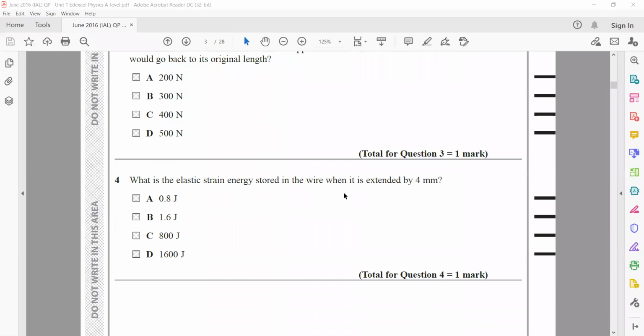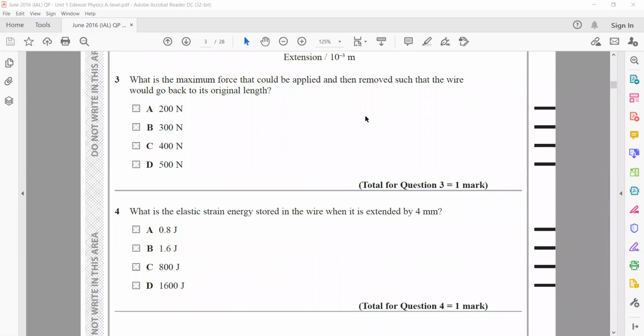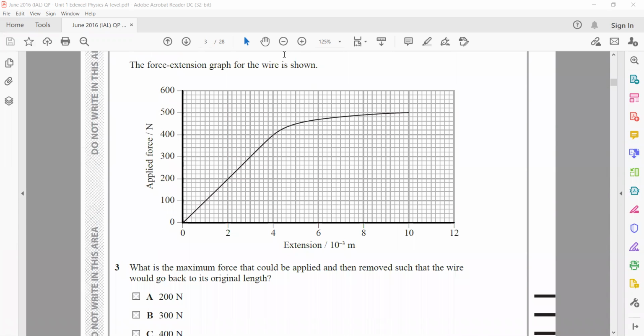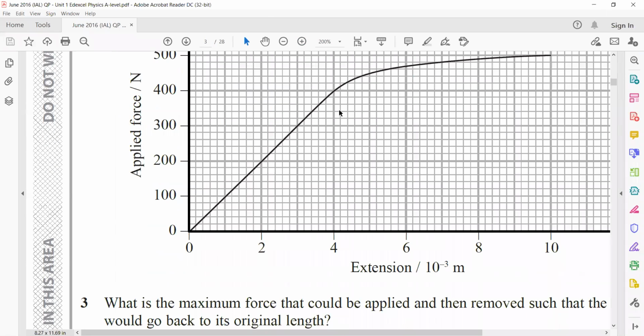Then what is the elastic strain energy stored when it is extended by 4 millimeter? Energy stored is equal to the area under the graph. In this case, it is making a triangle, so it will be half base into height. So it will be 1 by 2. The base is 4, but that is in millimeters, so we have to convert into meter.